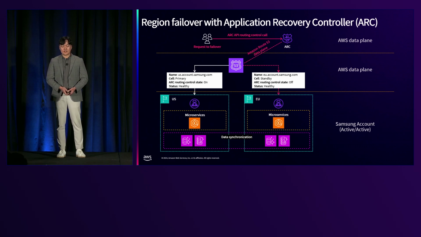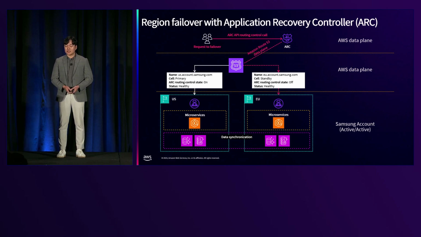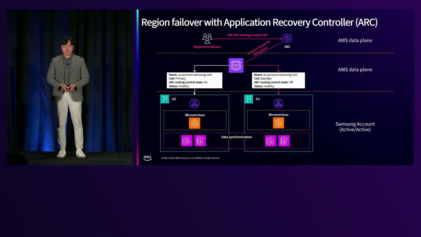Let me illustrate how disaster recovery is executed when the Route 53 control plane encounters a problem, based on ARC. In the normal state, the primary routing set configured in the data plane guides incoming traffic to the US East 1 region. Upon detecting a failure during service monitoring, a traffic routing control request is issued using the ARC Check API.